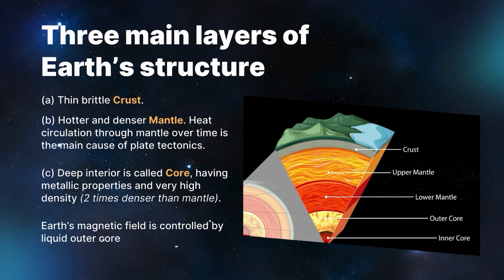Now, the deep interior is called the core, having metallic properties and very high density. It is 2 times higher than the mantle. The earth's magnetic field is controlled by the liquid outer core.